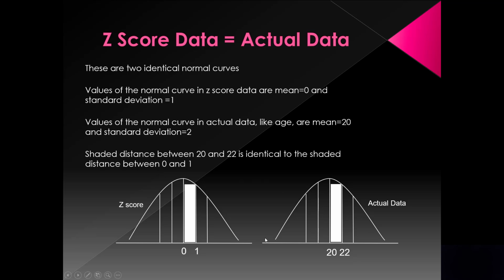So the point of this whole graphic here is to show you that this shaded area in z-score language between the mean of 0 and 1 standard deviation is identical to this shaded area between the mean of 20 years old and adding 1 standard deviation, which brings you to 22. Okay? Totally confused yet? Right on. I told you it was going to be weird, but it'll get better.